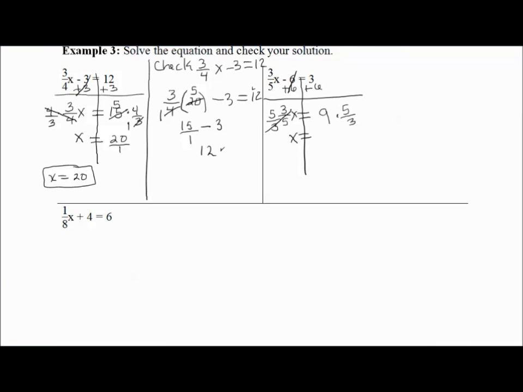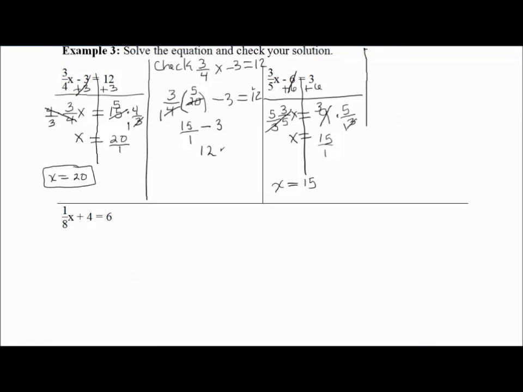Once again, I'm going to reduce before I get started. And I know that 3 will go into 9 3 times. So this becomes 3. This becomes 1. 3 times 5 is 15. And I keep the original denominator. So that means that my answer is just x equals 15.